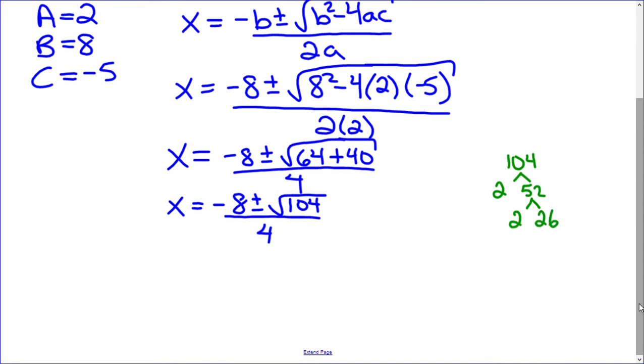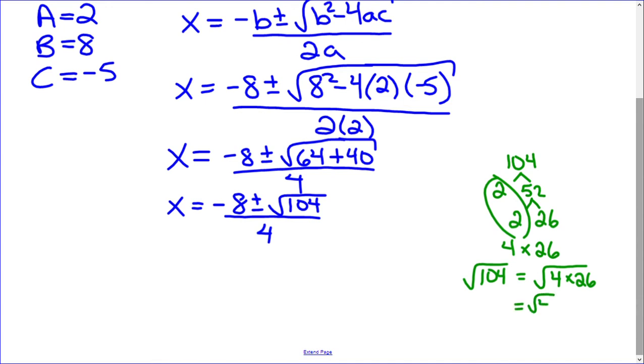So if I take 4 times 26, I'm going to get 104. Now, if I have the root of 104, that means that really I have the root of 4 times 26. I know the square root of 4, so really what I have here is the square root of 4 times the square root of 26.